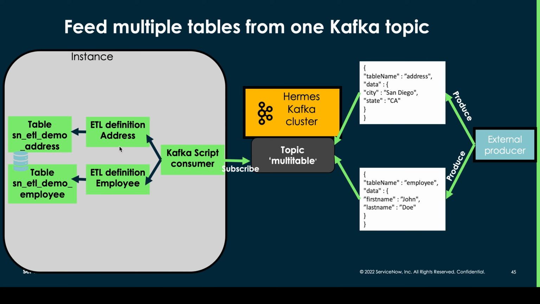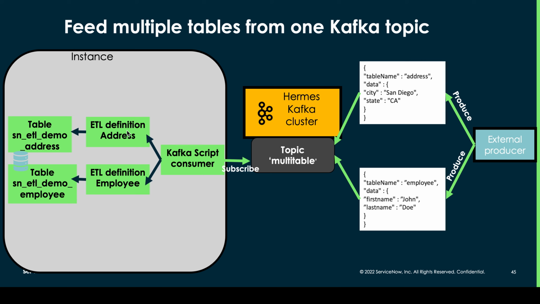If you have 10, you need 10 ETL definitions. The ETL definition in ServiceNow is where you map the field from the source data to the field on the target table. That's how you do the mapping, and an ETL definition is really tied to a target table and a specific data structure as a source.